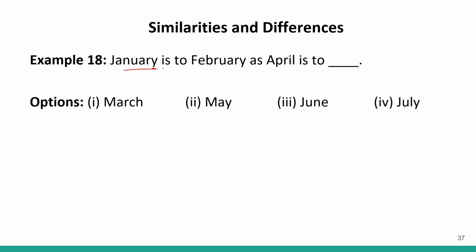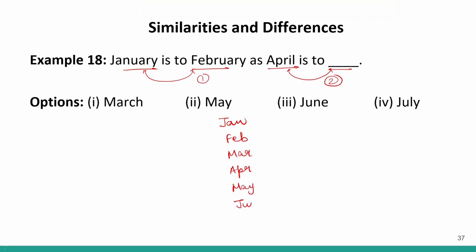Now, January is to February as April is to what? So first pair, and then we have to find the missing element in the second pair. So let me write January, February, March, April, May, June, July, August, September, October, November, and then December.